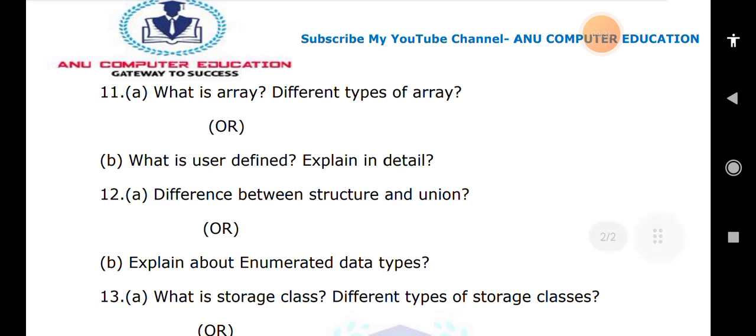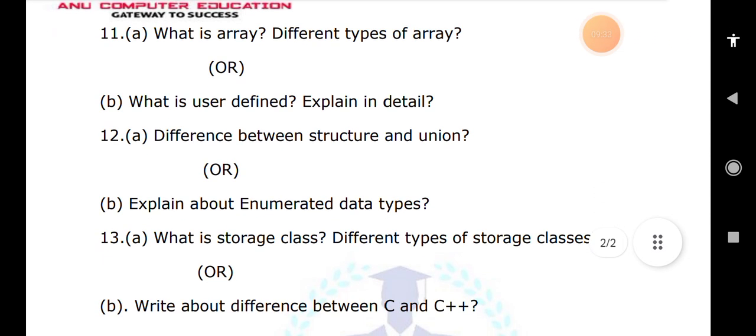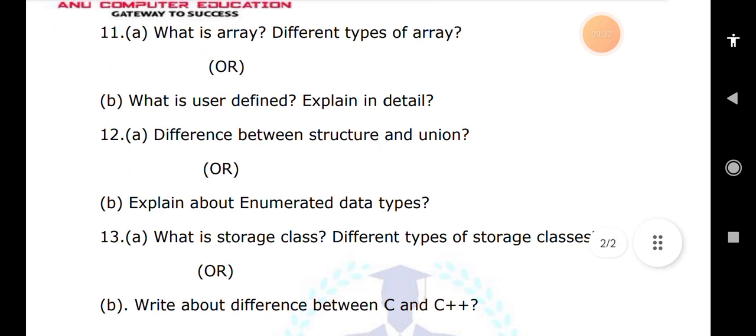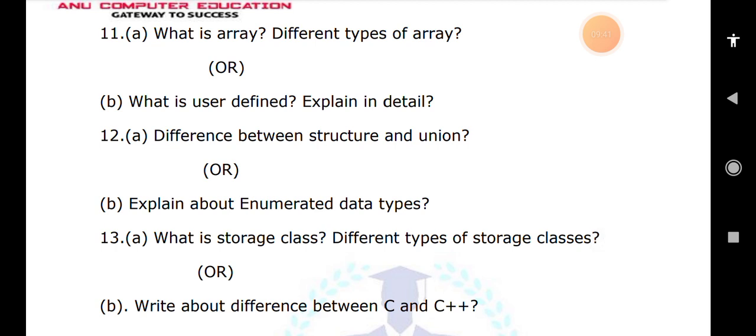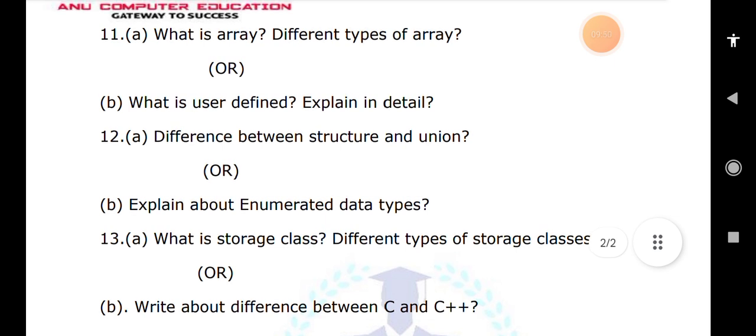So next important question is, write about the difference between C and C++. You know what C is. C is a structural and procedural oriented programming language. C++ is an object oriented programming language. Next, C's author is Dennis Ritchie and C++'s author is Bjarne Stroustrup. Next, C language execution is done from top to bottom, whereas C++ program execution is done from bottom to top.